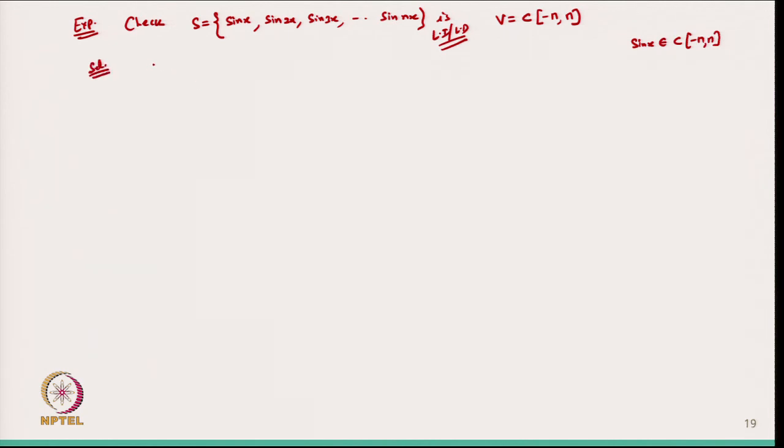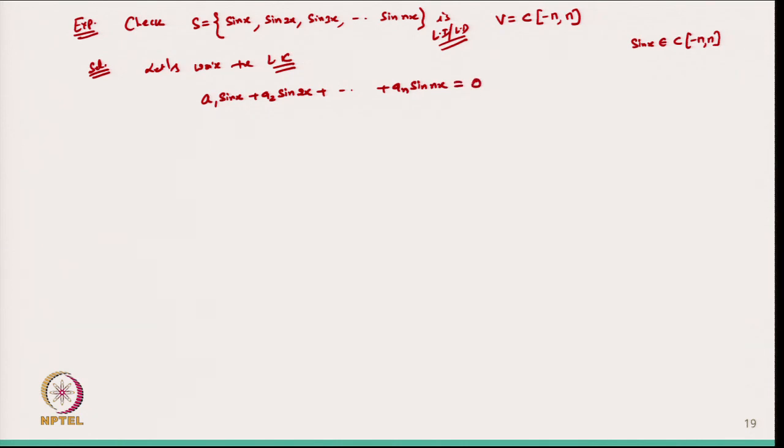We will take the linear combination: a1 sin x plus a2 sin 2x up to an sin nx, and that is equal to the 0 function.